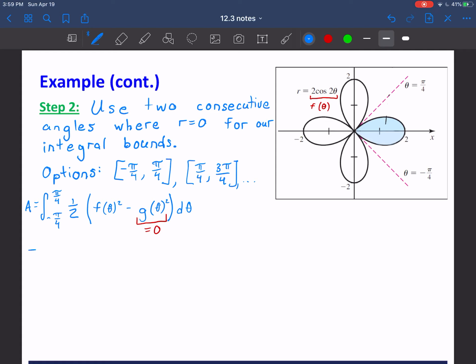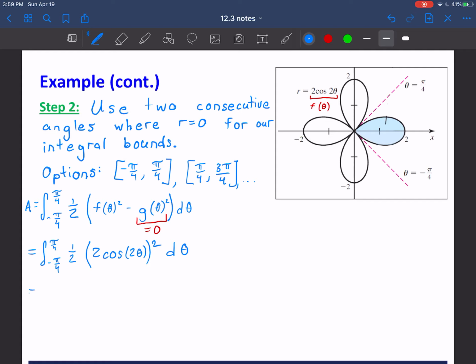We're going to get the integral from negative pi over 4 to positive pi over 4 of 1/2 times (2 cosine 2 theta) squared d theta.